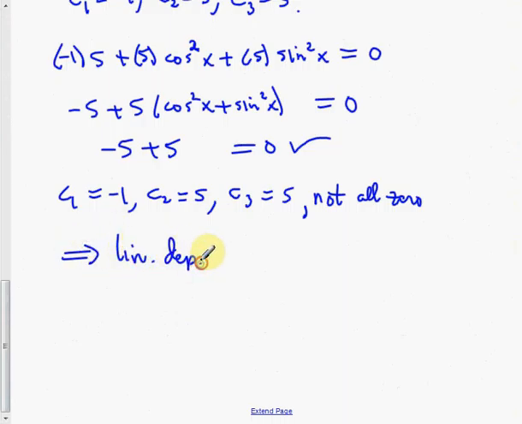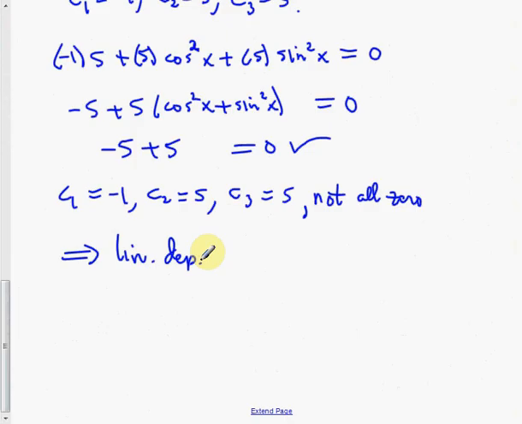For linear independence, you want to be able to show that there's no other scalars out there. If you've got this equation equal to 0, there's no other choice for the scalars but each one to equal 0.